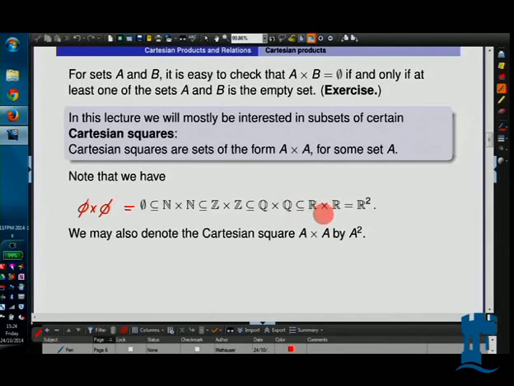And then R cross R is, as usual, the whole plane that you're used to, R squared. And since R cross R is the same as R squared, it's traditional to say that A cross A is the same as A squared, though I'll probably often just leave it as A cross A. If I do say A squared, in this setting, I'll mean A cross A, but it might be clearer to talk about A cross A anyway.